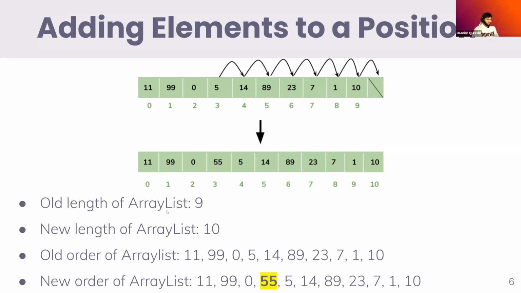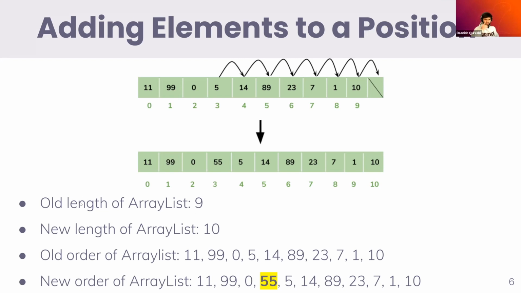So I'll visualize this a little bit better here. Here we have the old length of the array list is 9, right? Well, length is actually 10, but there's 9 indexes, so we'll say 9 indexes. And the new is 11 positions, but 10 indexes. So these are in terms of indexes. Keep that in mind.